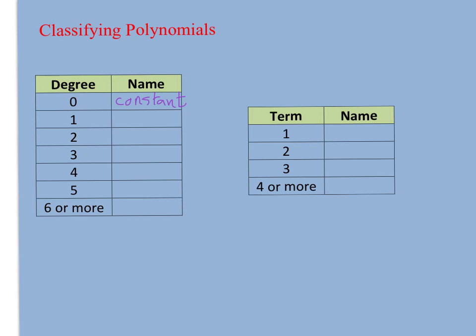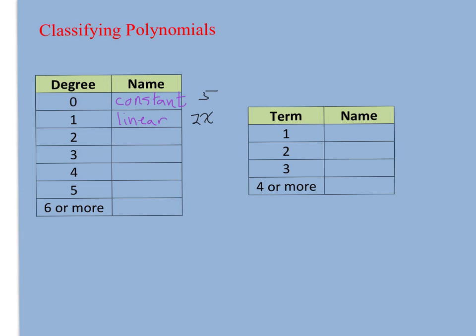Let's put our examples off to the right here. So an example might be like 5. If a polynomial has a degree of 1, that might look like a 2x. So the x has a degree of 1, and so that is called linear. Why is it linear?